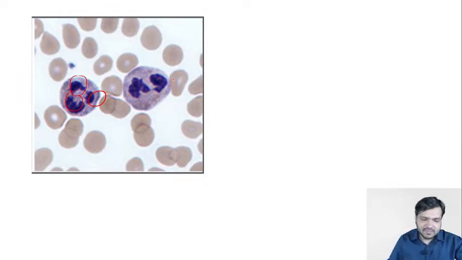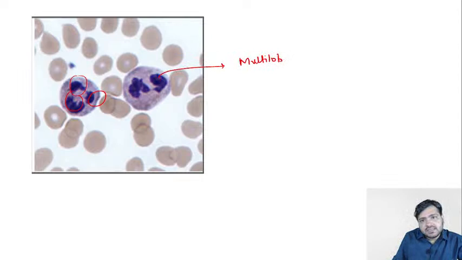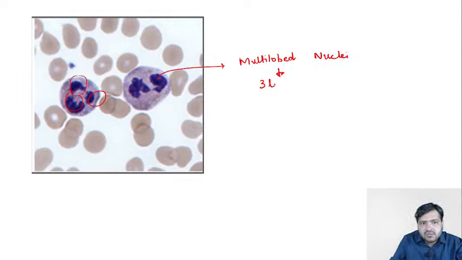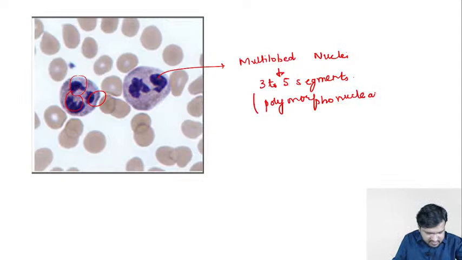You can see that this particular structure has a multi-lobed nucleus. We have multi-lobed nuclei, guys, consisting of 3 to 5 segments. These are the polymorphonuclear neutrophils, and these contain specific granules.